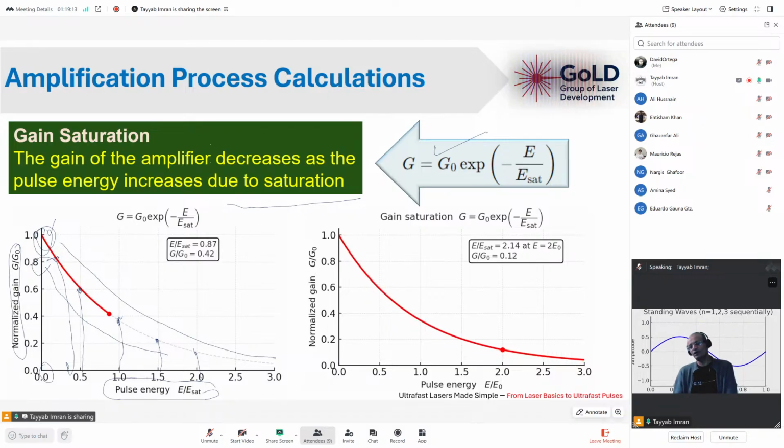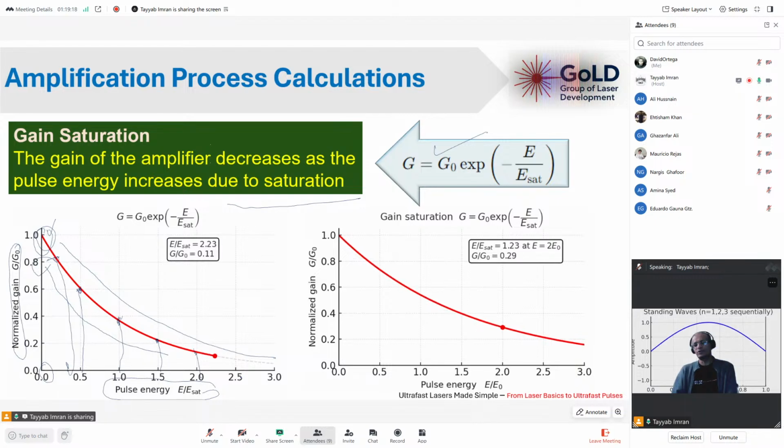So when the gain is maximum, the pulse energy is low because of the gain saturation.